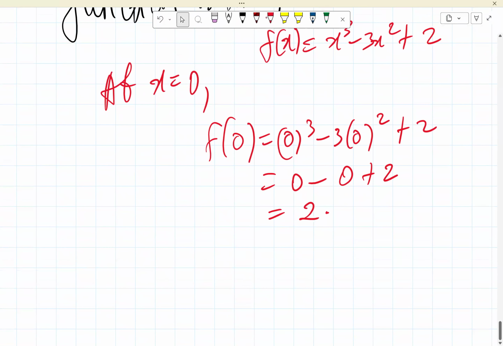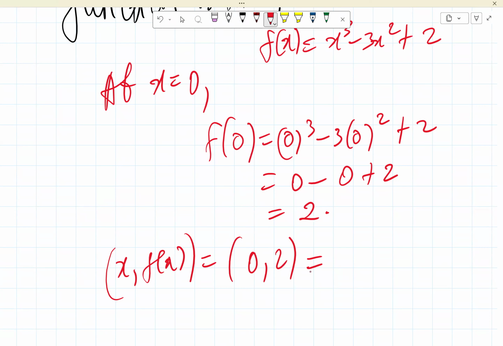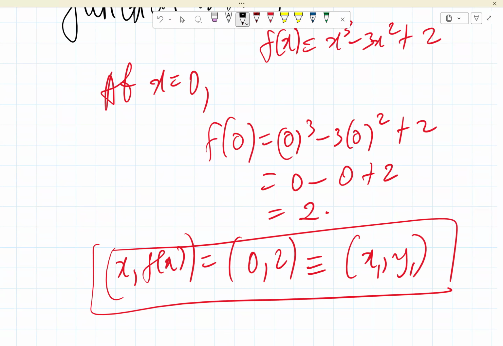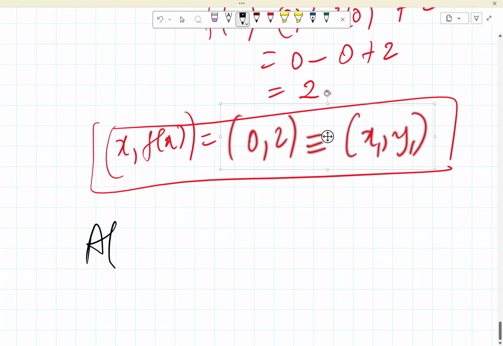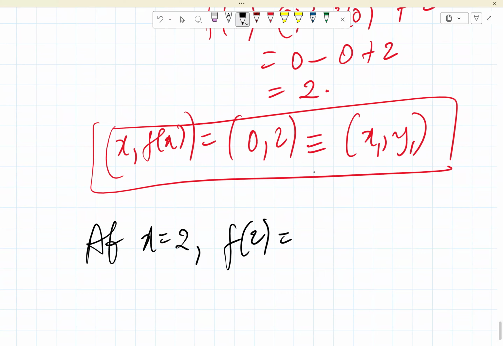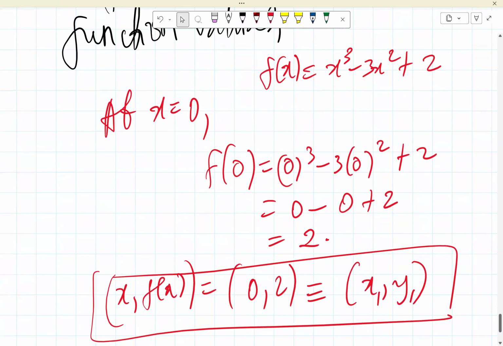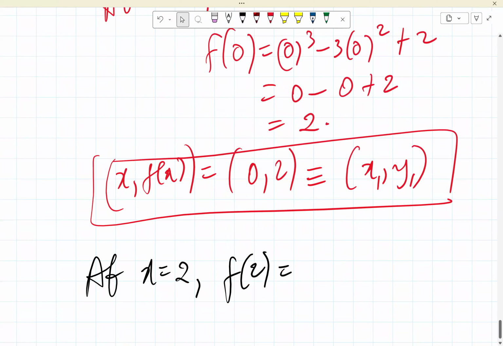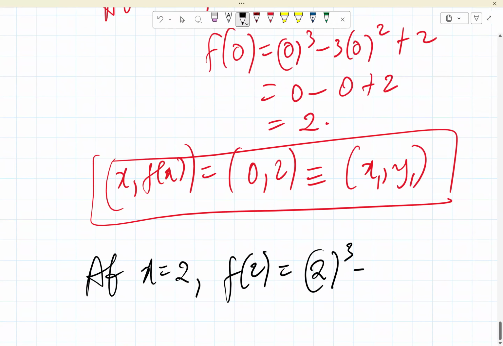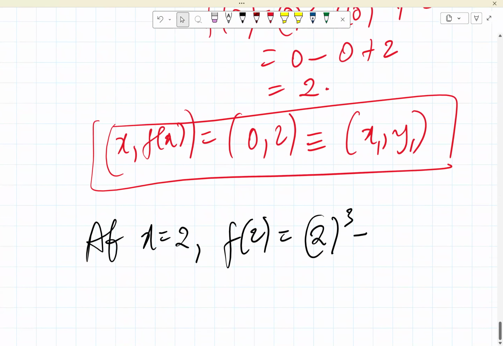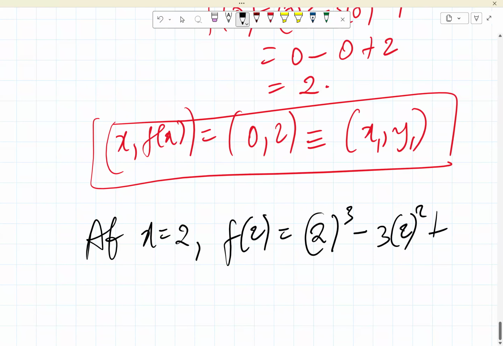So if you want to put x and f of x together, that's 0, comma 2. That's also similar to x comma y, or x1, y1. Then at x equals 2, we have f of 2 to be 2 cubed minus 3 times 2 squared plus 2.